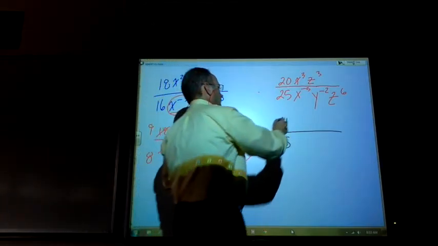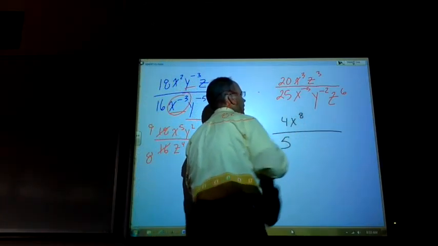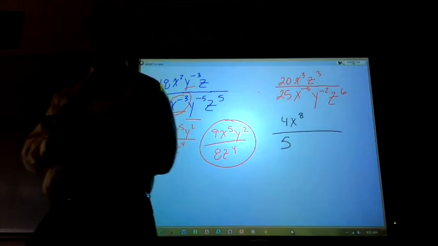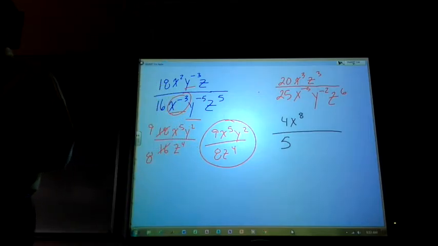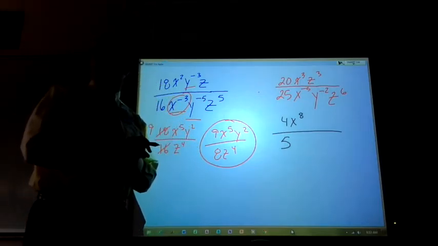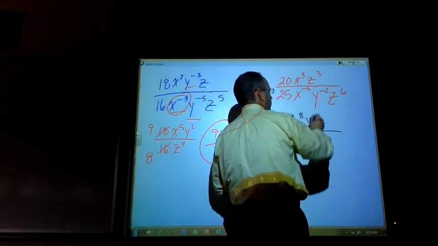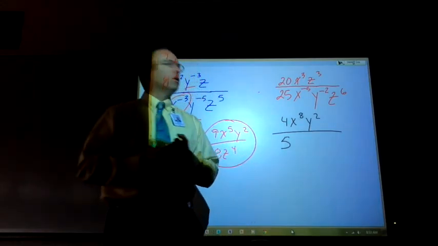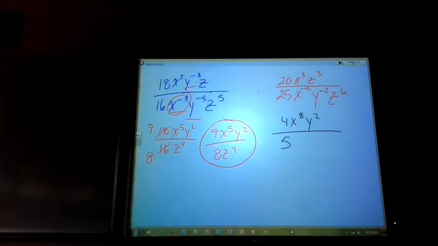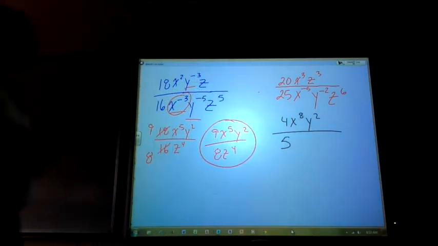Top. So I have x to the 8 on top. What about the y? You move the negative y to the top. Okay, is it going to reduce with anybody? No. It's the only y, so that's moving on up. The z's are tugging. Who's winning? Bottom by how many? 3. Yeah.